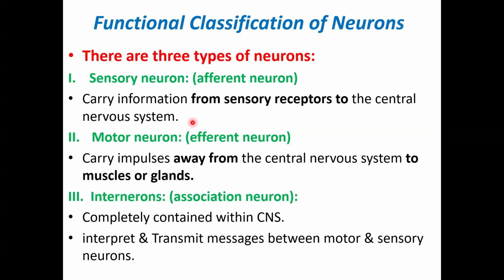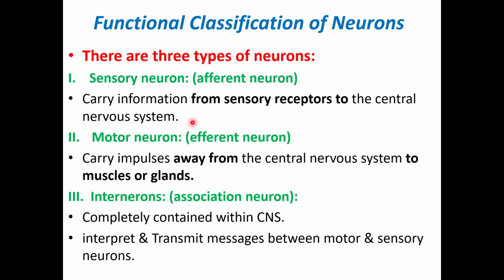While motor neurons, or efferent neurons, carry impulses away from the central nervous system to the muscles and glands. Don't forget that we classify the motor division of the peripheral nervous system into somatic and autonomic.